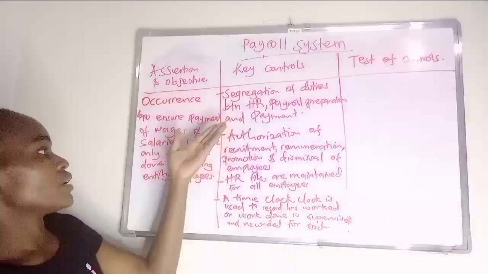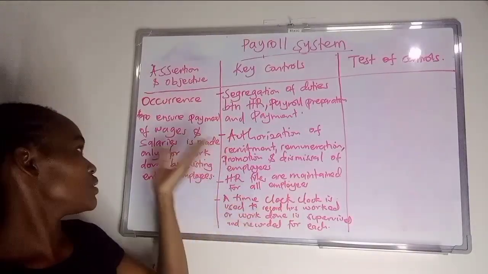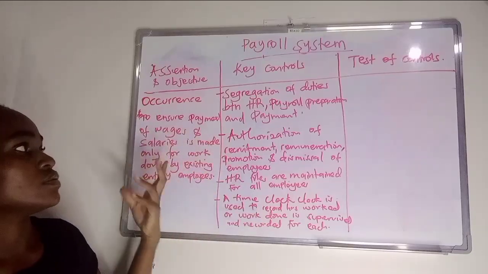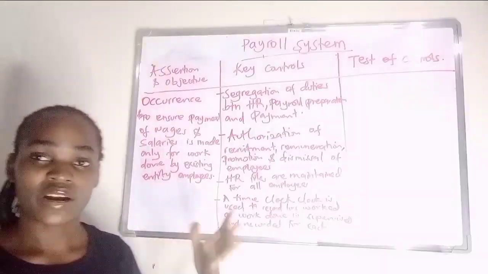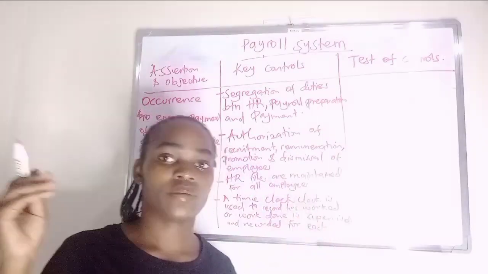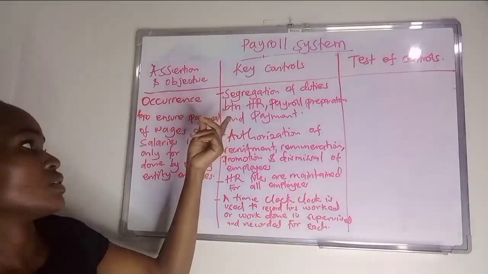So let's look at the key controls that can be used to achieve this objective. Yeah, as I said, for occurrence, the first control that should come in your mind is segregation of duties.